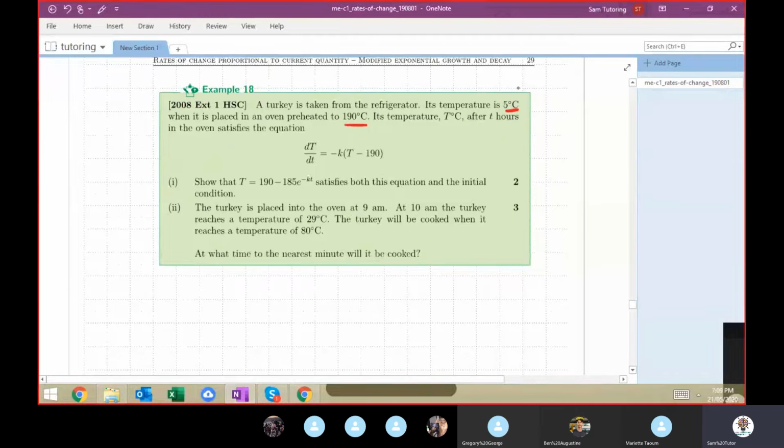Its temperature T after t hours in the oven satisfies the equation dT/dt = -k(T - 190), where 190 is A, T minus A. It says show that this T satisfies both this equation and the initial condition.